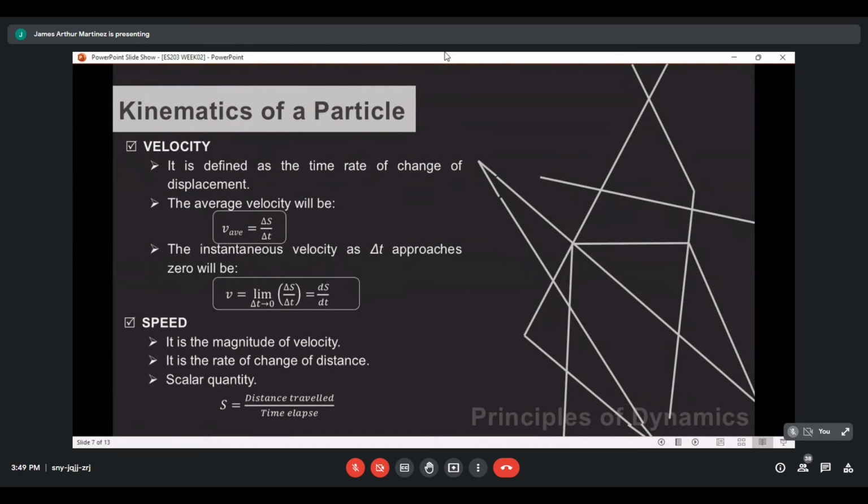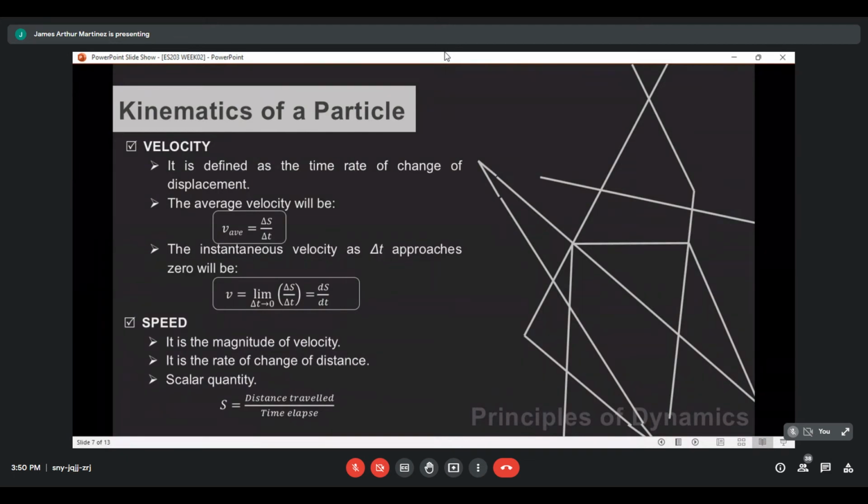From our differential equations, if you recall, this is the first order ds over dt, which means that velocity is the first derivative of your displacement. So it is important to understand that the velocity is the first derivative of your displacement. That is all it means.